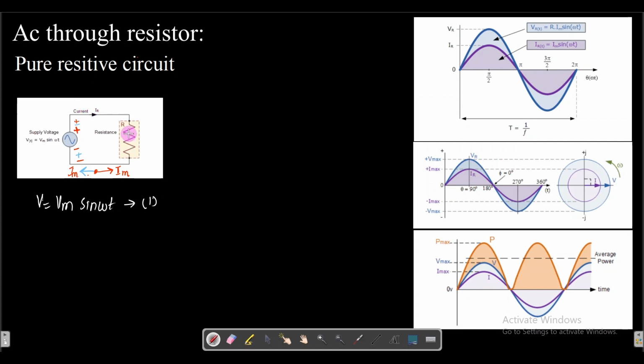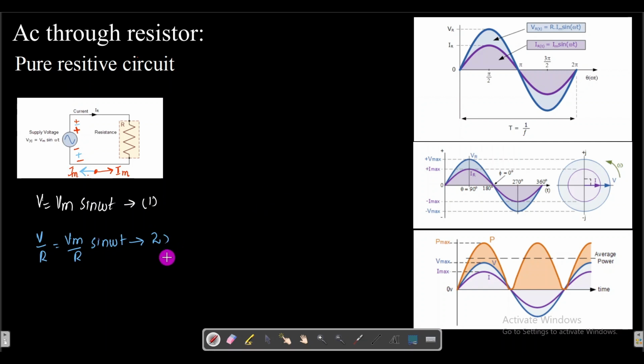Now divide equation 1 by R. So V by R is equal to Vm by R times sine omega t. We divide by R on both sides, so their net effect is 0. Let's say this is equation 2.